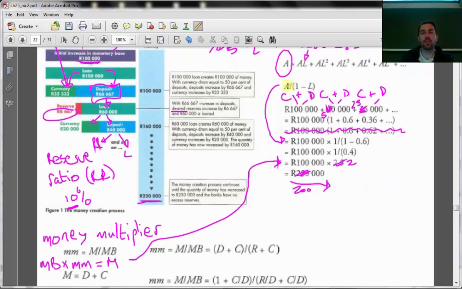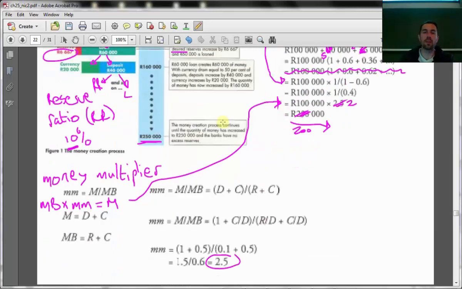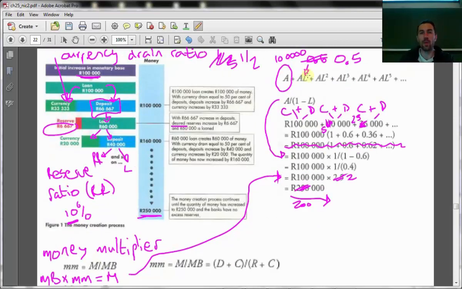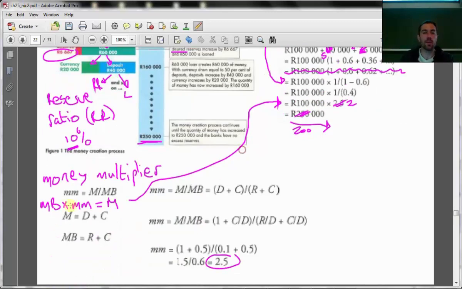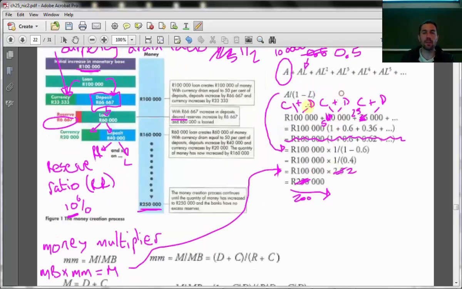So there are a number of ways we can calculate the money multiplier. If we know what this ratio here, L, is, then we can calculate the money multiplier as 1 over L. So then we can take the money base times 1 over L, and we'll get the total money supply.